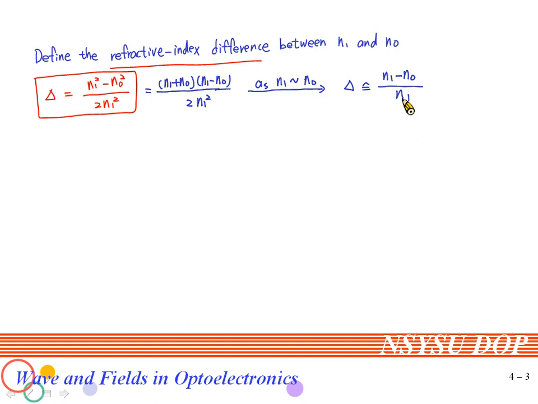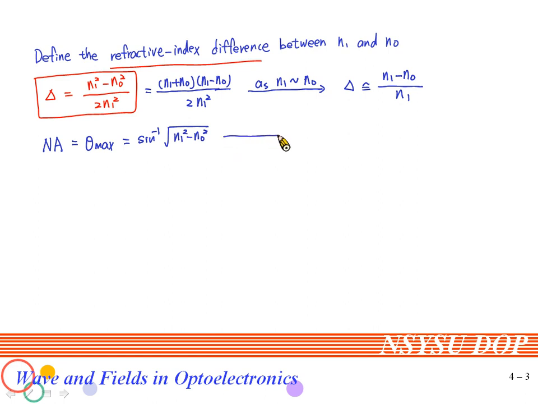Okay, then according to the definition here, the numerical aperture NA, which we have said is theta max, is defined as arcsine of square root of N1 square minus N0 square.